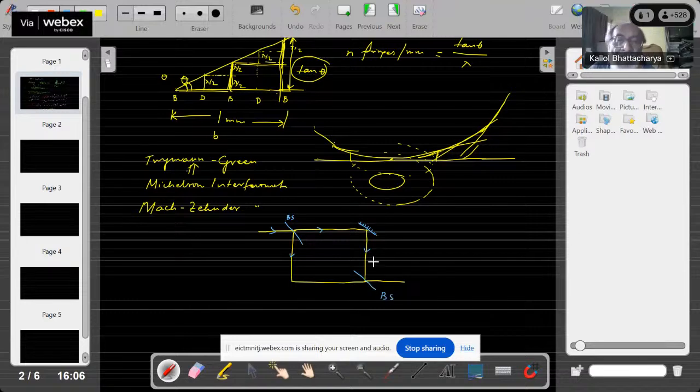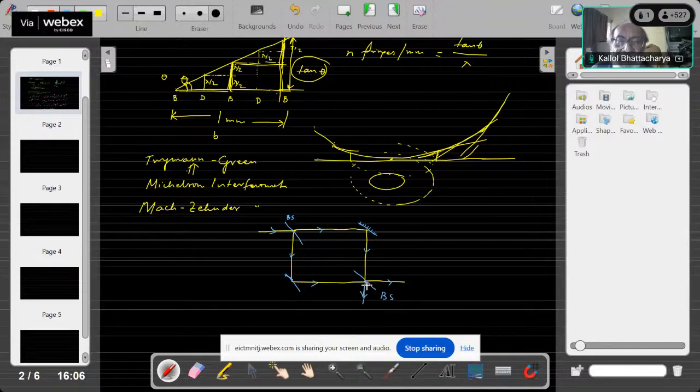So what happens is, a part of the beam is transmitted, and a part of the beam is reflected from the beam splitter. At the input end, a part of the beam is reflected. It falls on a 45-degree mirror and turns by 90 degrees.